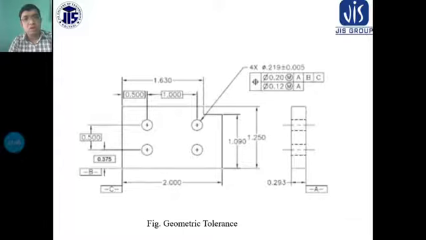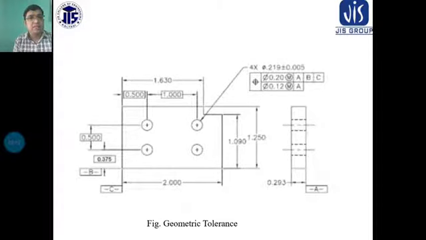You have to concern the two positive distances 0.5 and 0.5, and the uppermost portion you have to concern, that is 1.630, which is the tolerance given for the uppermost portion. And another thing here is that A has negative and positive values given, which is 0.293, concerned according to A.